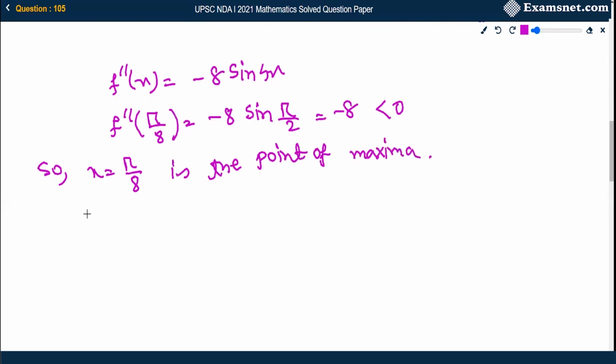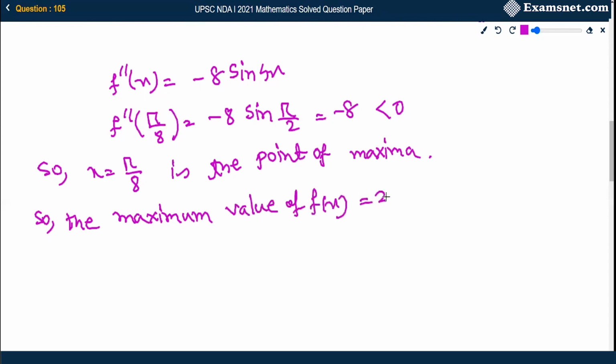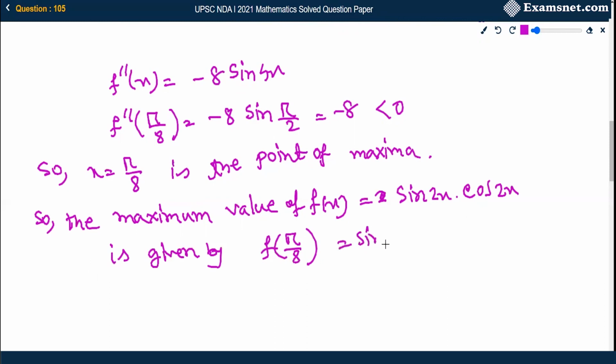So the maximum value of f of x, where f of x is given as sin 2x multiplied by cos 2x, is given by f of pi by 8, sin pi by 4 cos pi by 4.